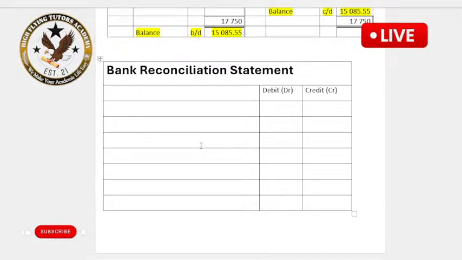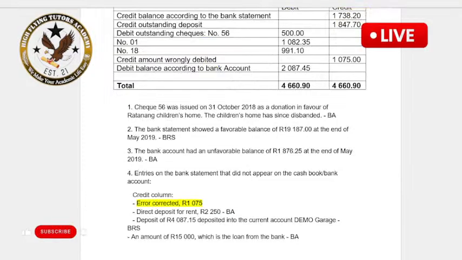So with the bank reconciliation statement, remember we are going to start with transaction number 2, where it says, let's just go there. Transaction number 2 says the bank statement showed a favorable balance of 19,187. So this is the balance according to bank statement.